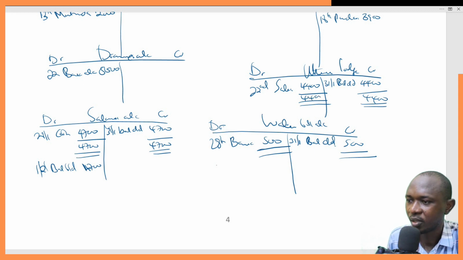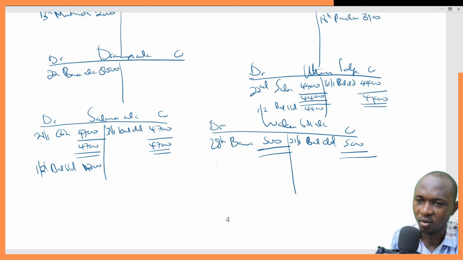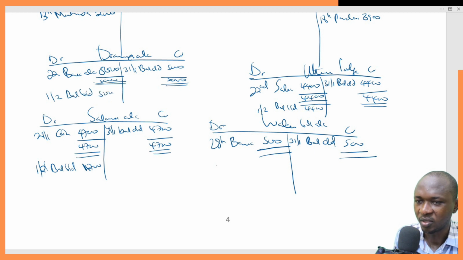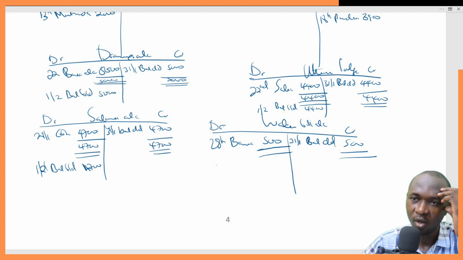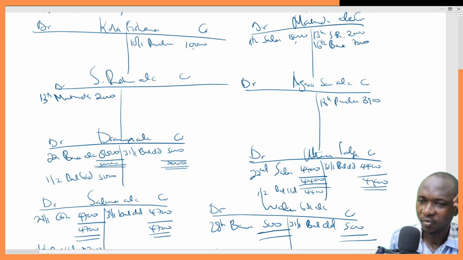So the same thing here, 5,000, 31st January balance carried down 5,000. Then 1st February balance brought down 5,000, like that. That's how we go about it. The same thing, 2,000, 2,000. So just say 2,000. 31st January balance carried down 2,000.